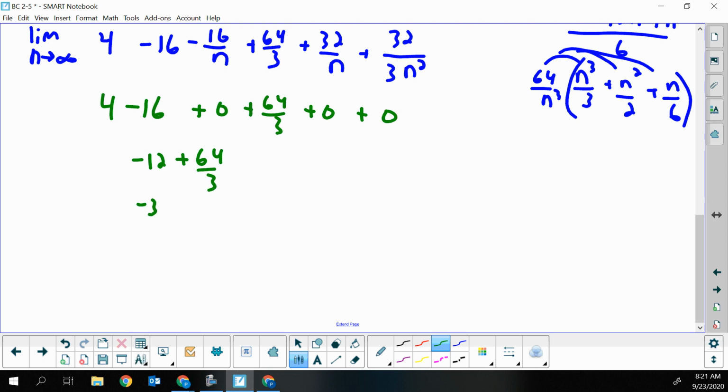In other words, this is minus 36 thirds plus 64 thirds. Or, oops, this is thirds, sorry. Or in other words, 28 thirds, which is the same as 9 and 1/3, sorry.